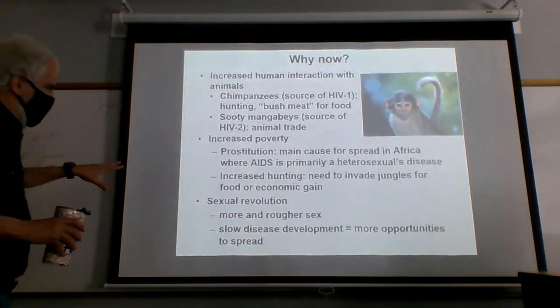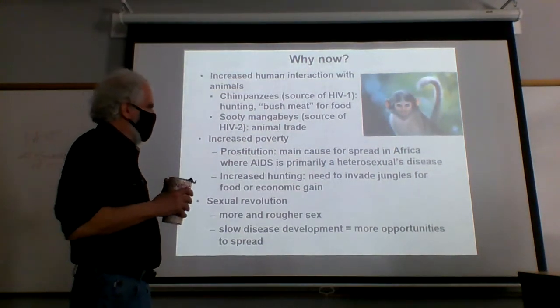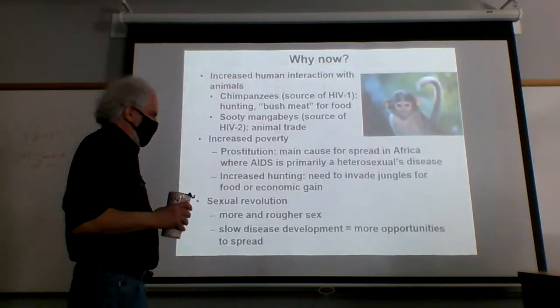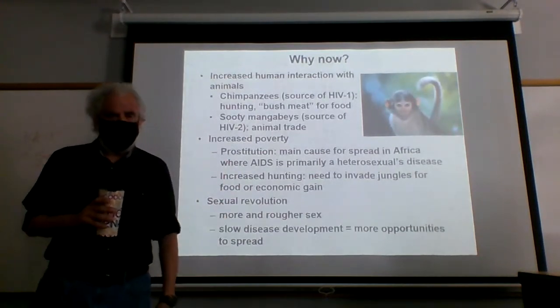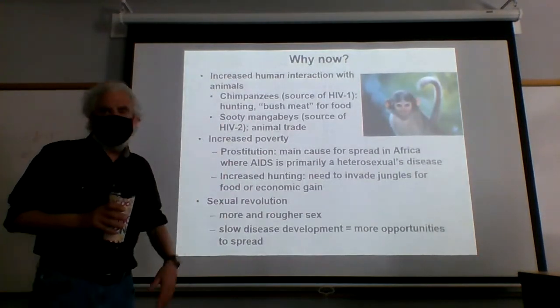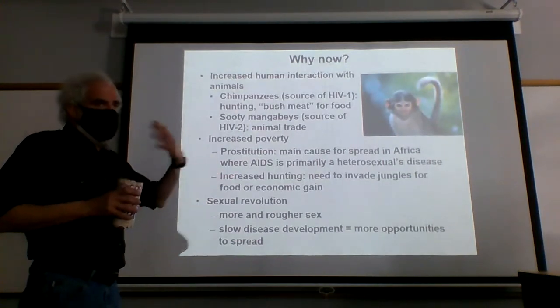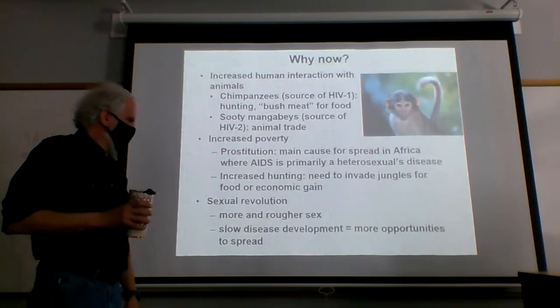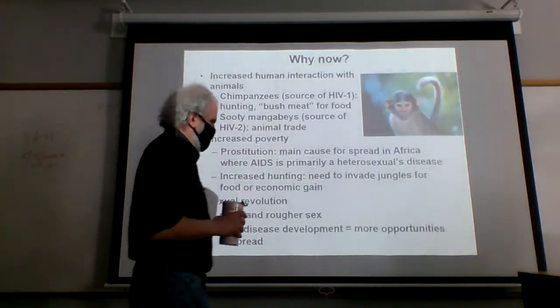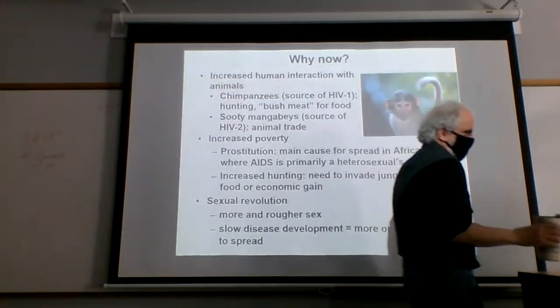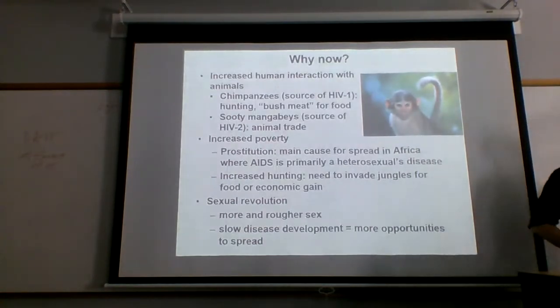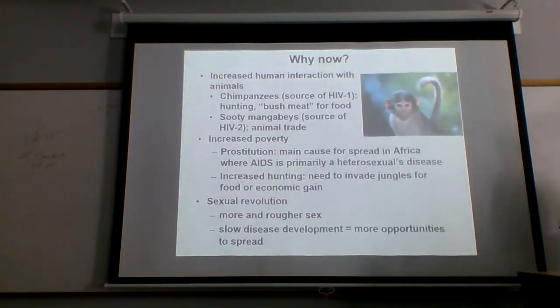And additionally, as people begin to invade the jungles for food or to expand their property, you get exposed to more strange zoonotic species, these different kinds of organisms and things. Additionally, sexual practices change, and that changes the way the disease is spread as well.